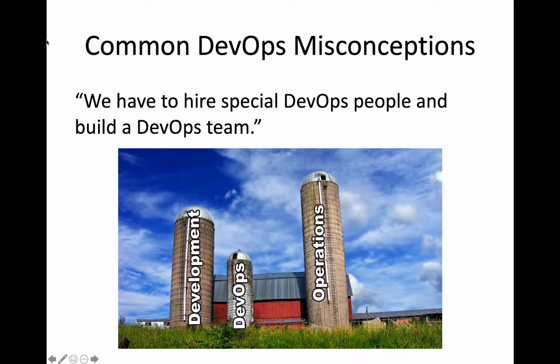Probably the first misconception, and probably the most common one that I encounter in the marketplace, is that companies tell me that in order to implement DevOps practices in their organization, they need to go out and hire special DevOps people. They need to build a DevOps team and hire DevOps engineers. And that's just simply not true. DevOps is really all about breaking down the various silos within organizations.